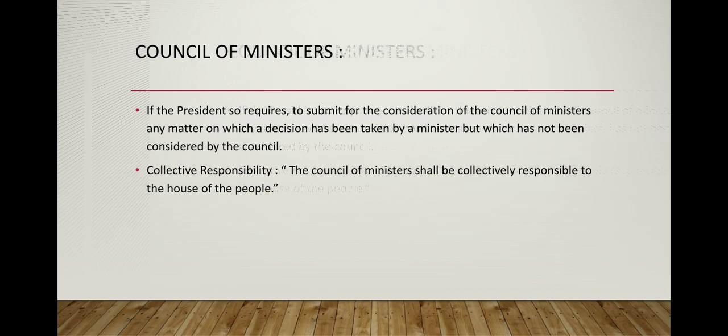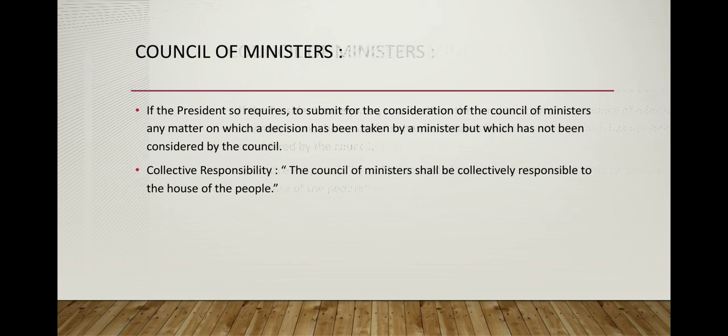If the President so requires, the Prime Minister must submit for the consideration of the Council of Ministers any matter on which a decision has been taken by a Minister but which has not been considered by the Council. The Council of Ministers shall be collectively responsible to the House of the People.